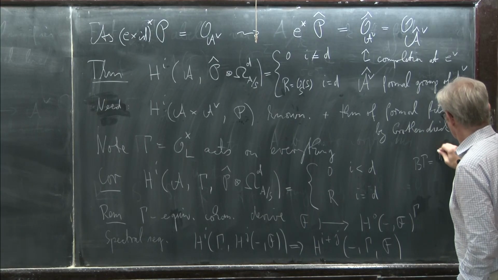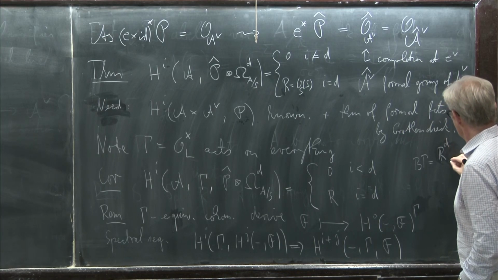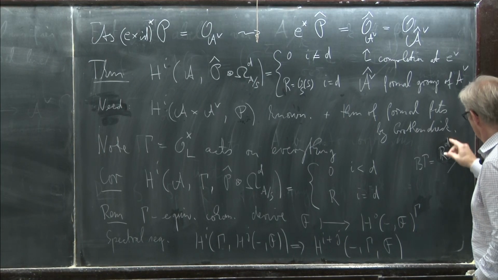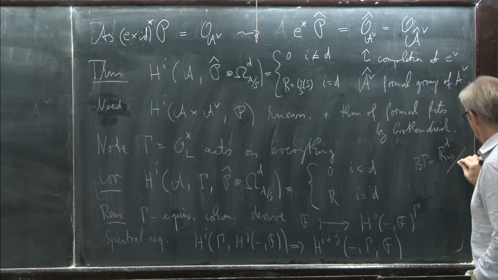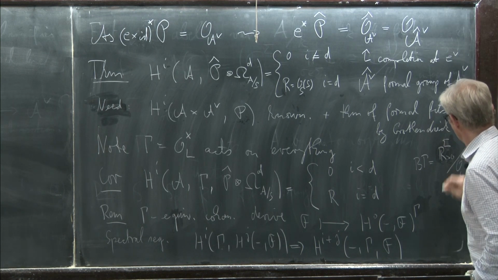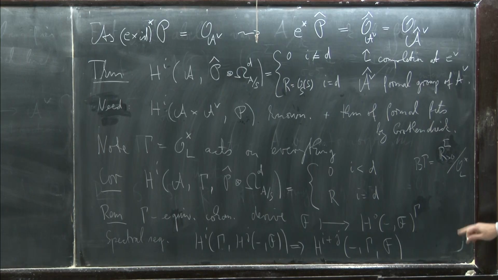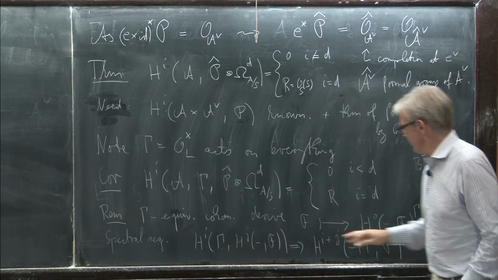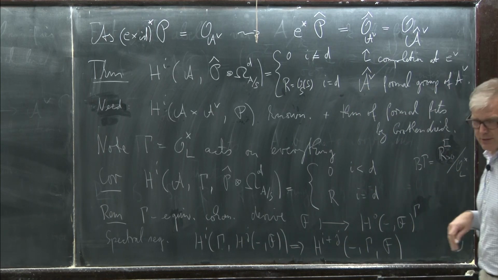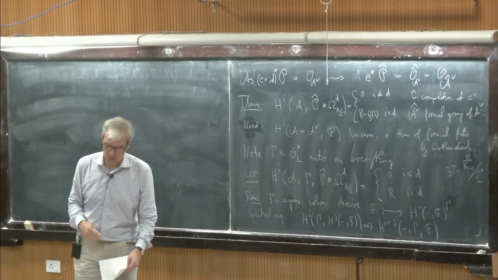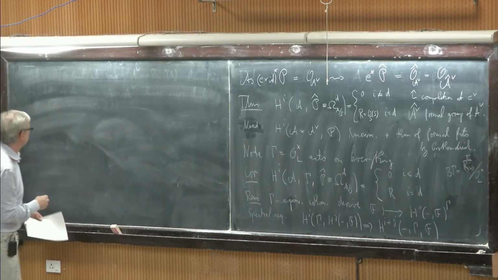So let me write it as follows: R to the power D, bigger than 0, positive integers, and then you have an action of the O_L^D star here. So at least write it as sigma, then it's maybe clearer. So if this would have no torsion, then this is the classifying space, and you can simply express this in terms of differential forms on this manifold. Yeah, this we use in computing explicitly the classes.